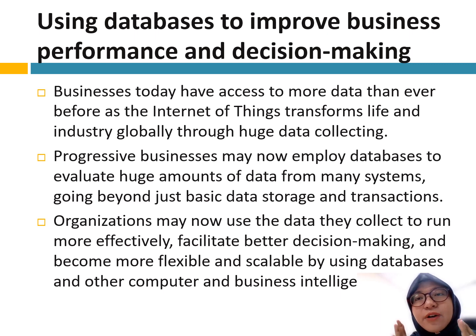How do they do this? By using tracking or data mining through the database they collected from the customers' transactions. So they can facilitate decision making. It is more scalable, and provides business intelligence.